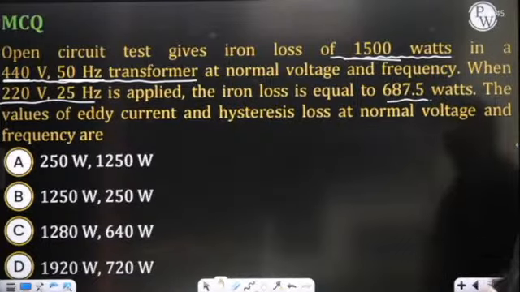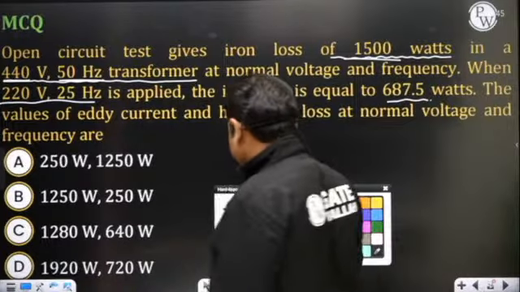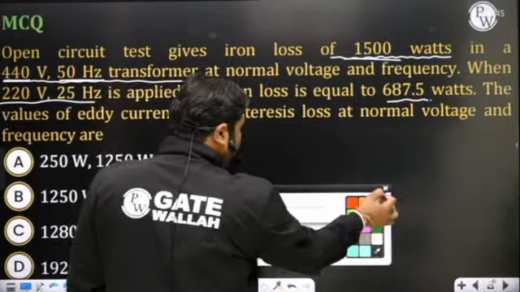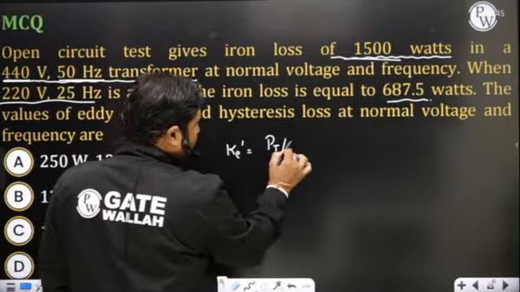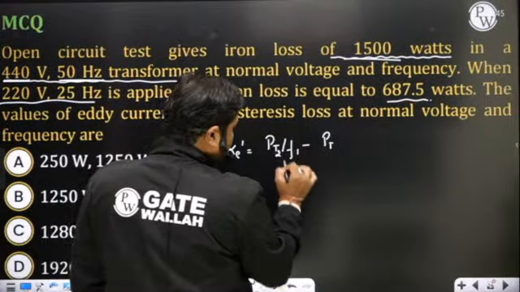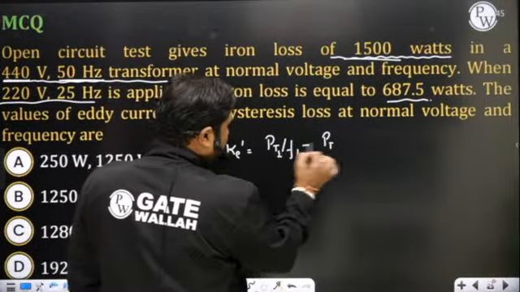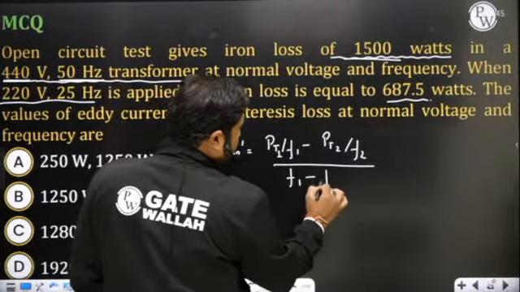Now the values of eddy current and hysteresis loss at normal voltage and frequency are asked. We need to calculate them. So let me write directly Ke dash, which is (Pt1 by F1 minus Pt2 by F2) upon (F1 minus F2).